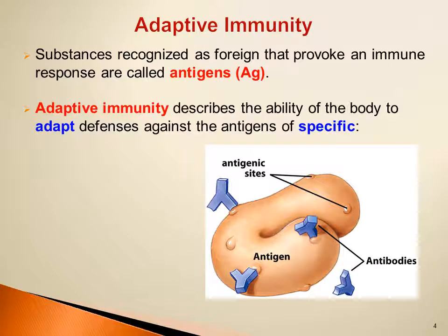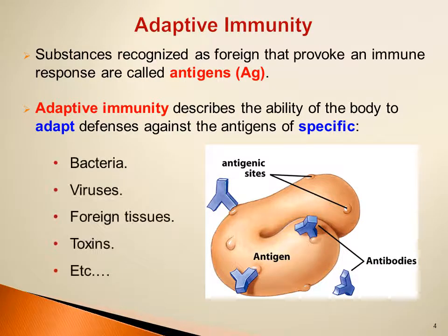The adaptive immunity describes the ability of the body to adapt defenses against the antigens of specific bacteria, viruses, foreign tissues, toxins, and so on. So the body will develop or adapt a defense mechanism against those specific antigens.